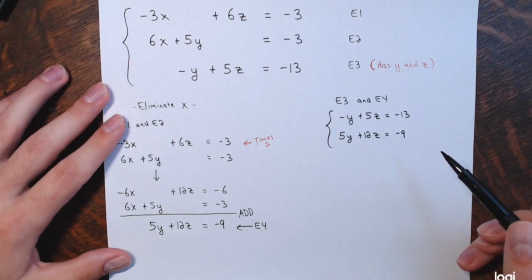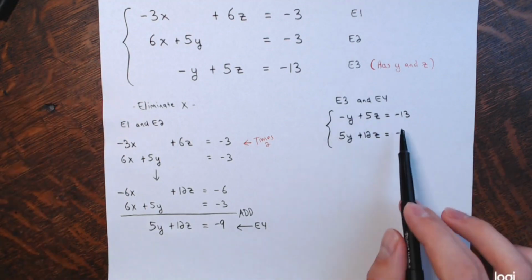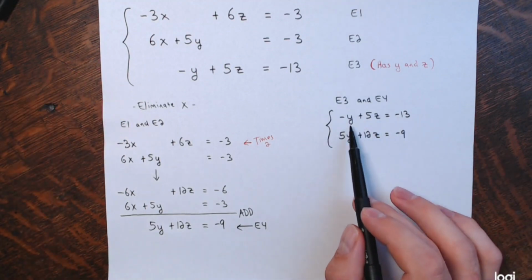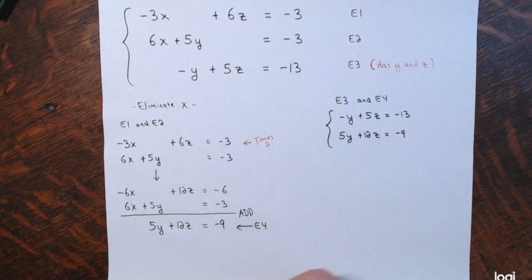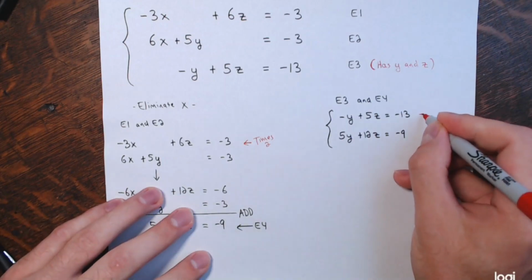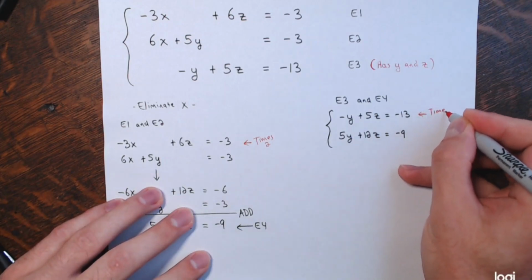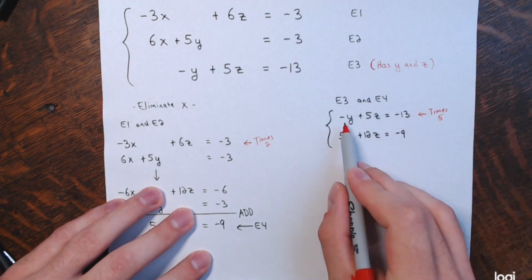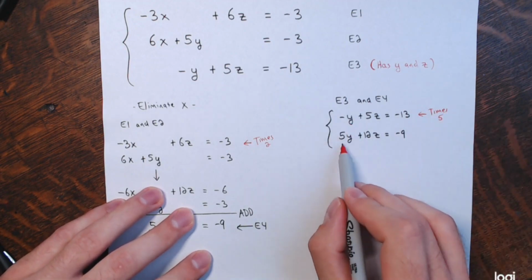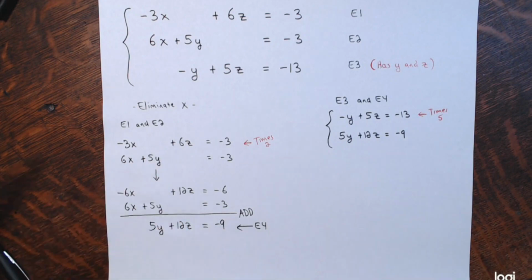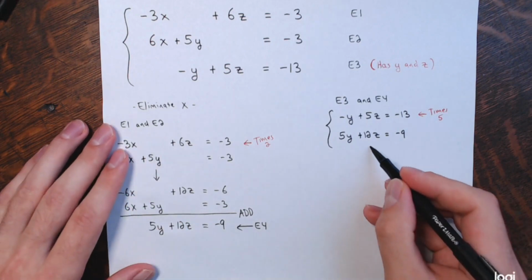Alright, so in this system, I think it would be easiest to eliminate the y's. All I would have to do is multiply the top equation by 5, because that'll give me negative 5y. And below that I have positive 5y, and when I add the equations together, those will be eliminated.